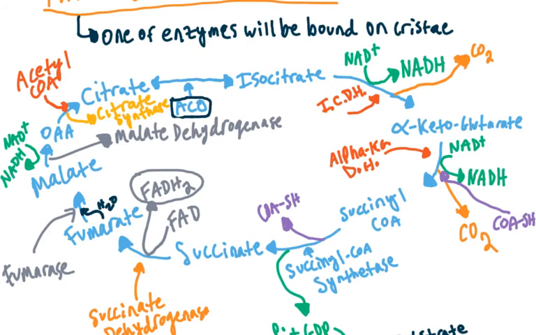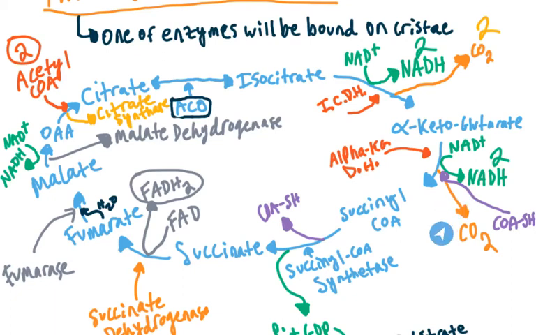So let's go and label that. We're actually bringing in 2 acetyl coenzyme A molecules. So that means we're not going to make 1 NADH, we're going to make 2 NADHs. Right?